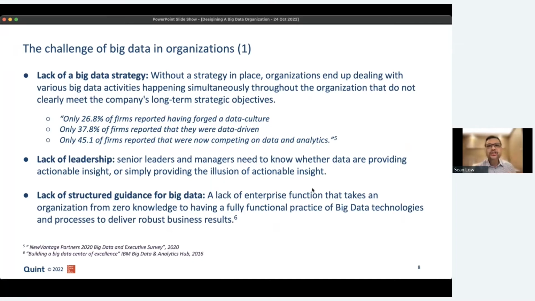Having a structure is very important because you need a common framework, a common process, a common set of guidance, maybe even a functional group of people to help steer big data in the right direction, right? So lack of structured guidance for big data is another challenge.